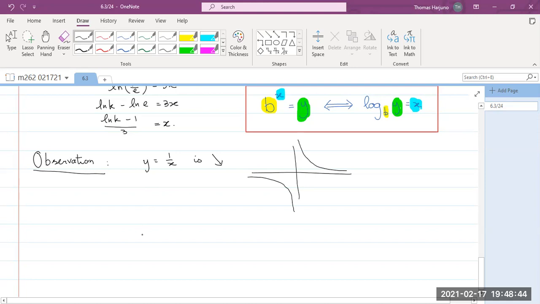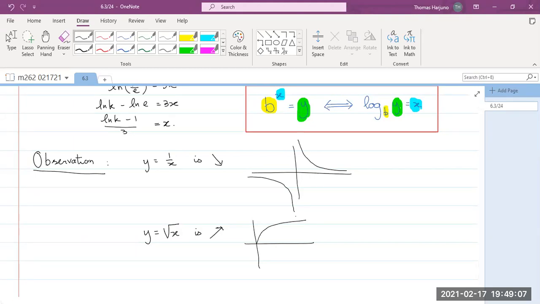On the other hand, y equals, let's say, square root of x is increasing. It seems like what I'm doing here has nothing to do with what we're going to do in this inequality, but it's actually very closely related. Okay, it is increasing.